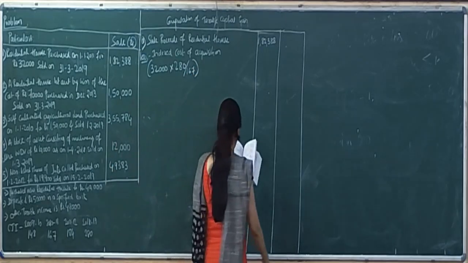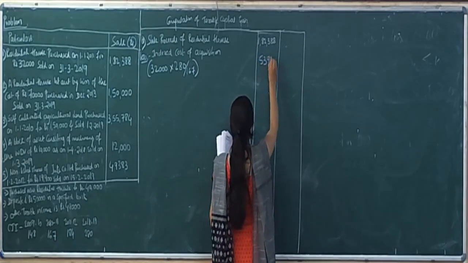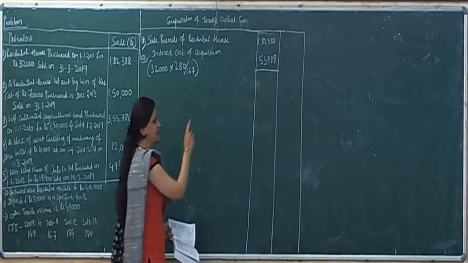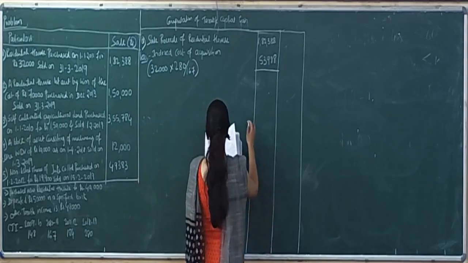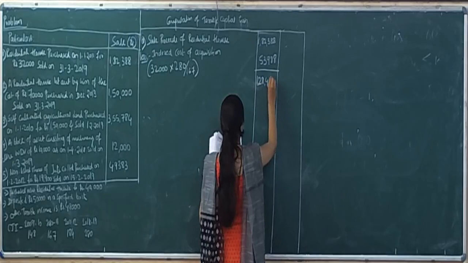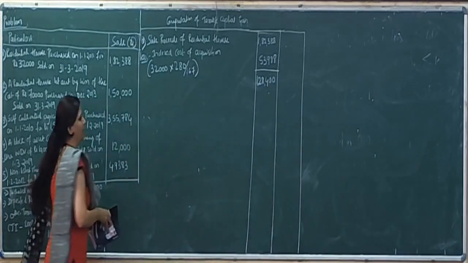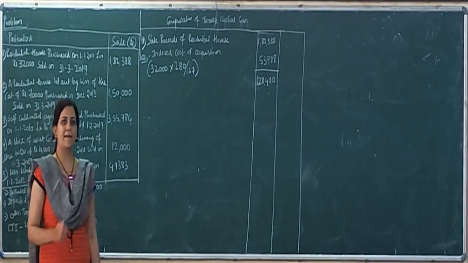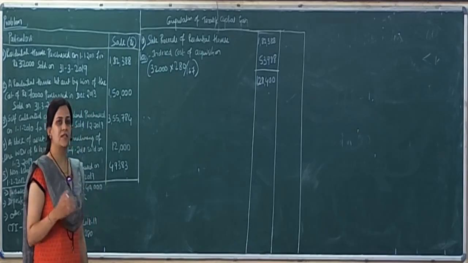If we compute this, the amount we will get is 53,988. Now this minus this, we will get 1,28,400. So now this is the capital gain before the exemption.